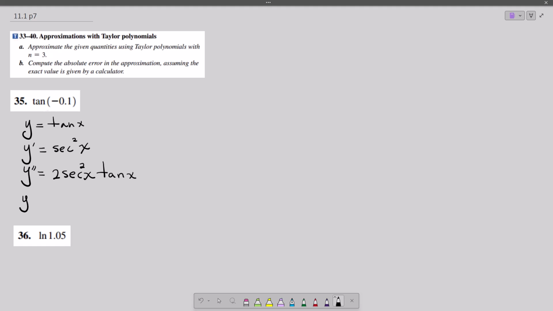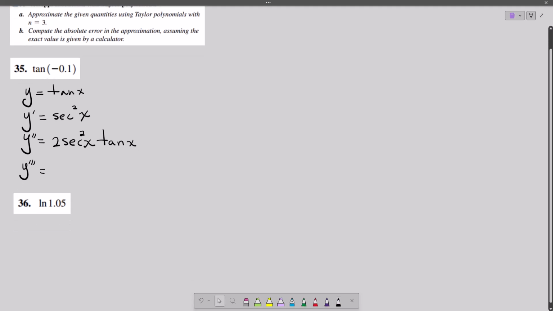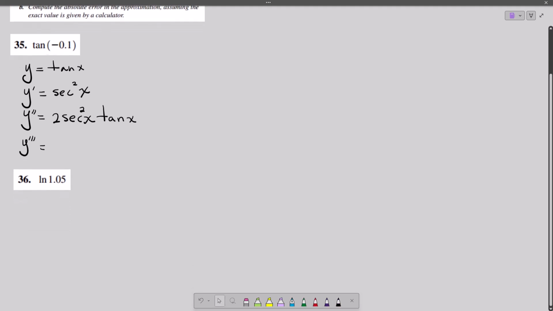And then our 3rd derivative will be ugly. We have to use the product rule. We're thinking of this as first function and second function. There's first function, there's second function. So product rule, first times derivative of second. The derivative of tangent is secant squared, so first times derivative of second becomes 2 secant to the 4th of x. So that's first times derivative of second, plus the derivative of the first times the second.